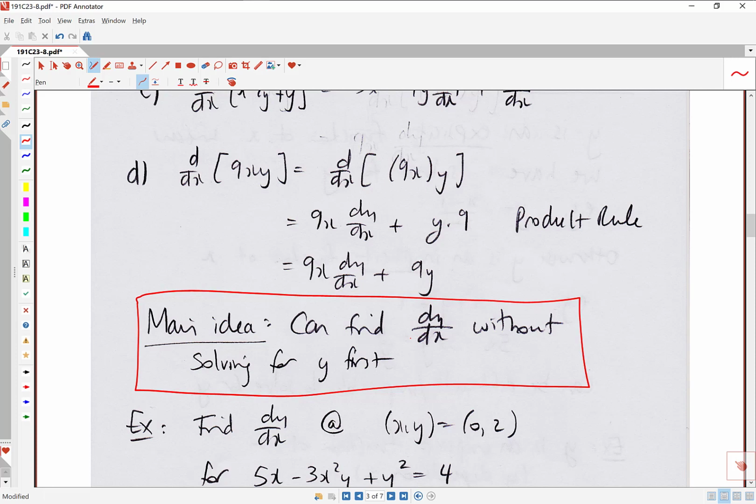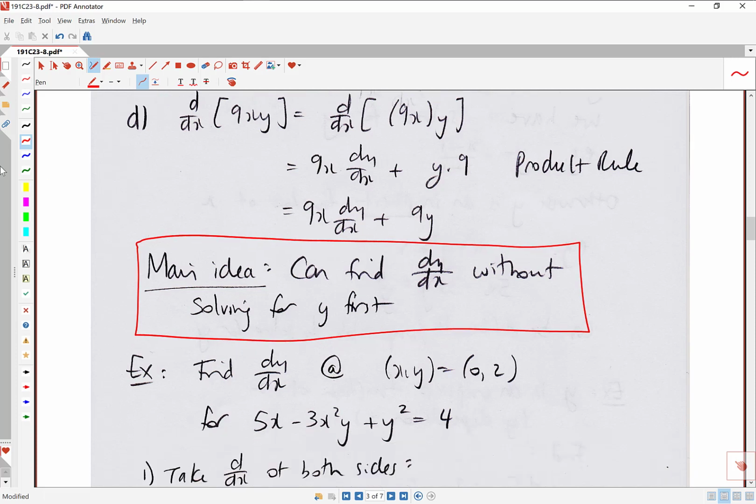So you might have a fairly messy equation, like in a moment we'll jump into this example here. You might have some equation like this where x and y are related together. It might be difficult or impossible to solve for y, and yet there's a fairly quick process for finding the derivative anyway. So that's what we're going to be looking at here.